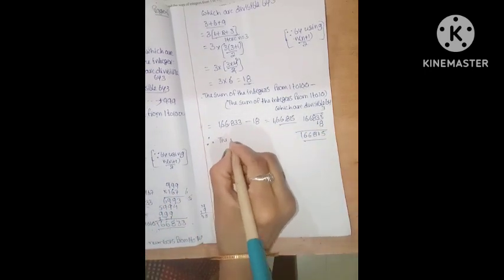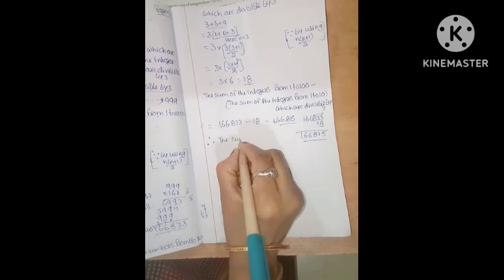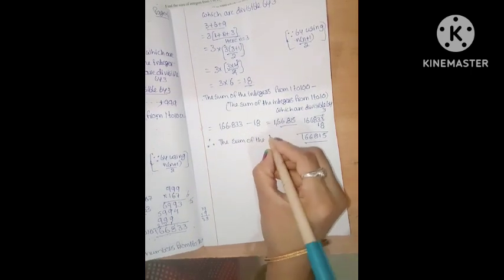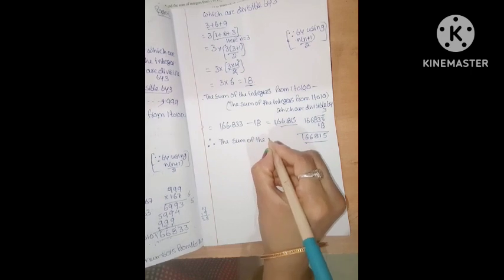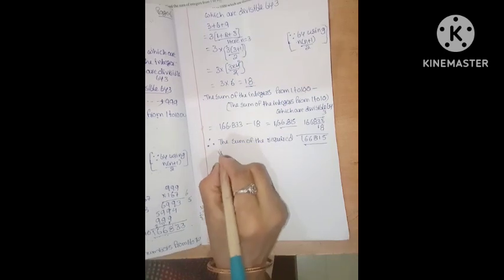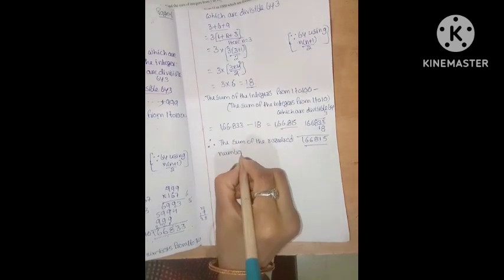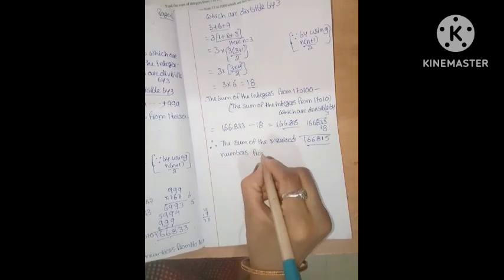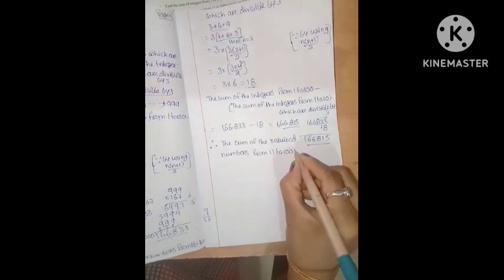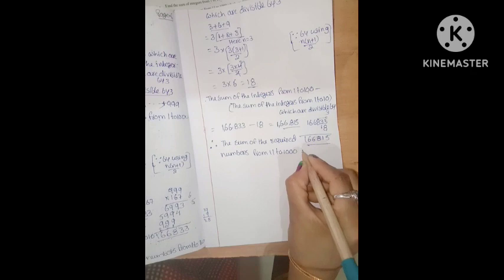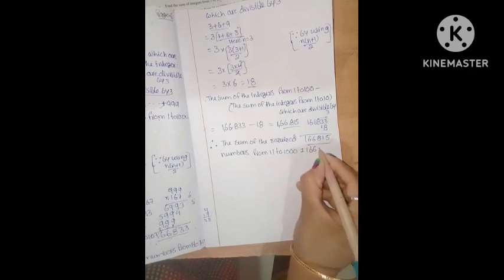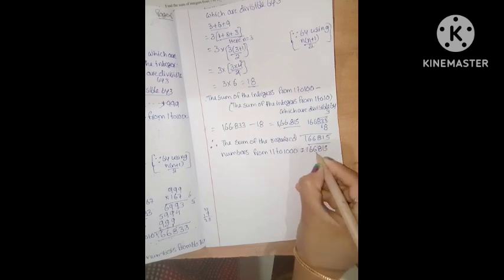Therefore, the sum of the required numbers from 11 to 1000 equals 1,66,815.